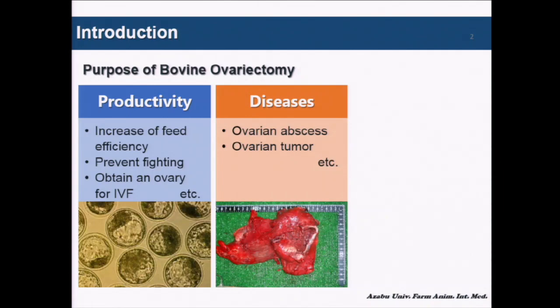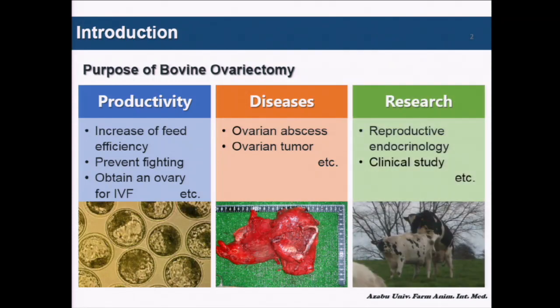The second purpose is for diseases, to extirpate ovarian abscesses and ovarian tumors, such as granulosa cell tumors. And the third purpose is for research, such as research on reproductive endocrinology and clinical studies on hormone preparations.